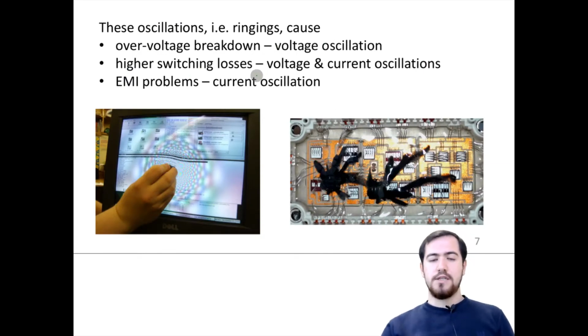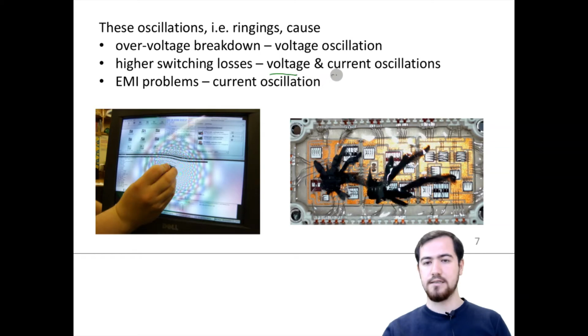Moreover, these oscillations on the voltage or the current cause some problems. As I described just before, the overvoltage breakdown is caused by the voltage oscillation, and since we see an increase in the voltage and the current as well, this causes a higher switching loss dissipation on our switching components.